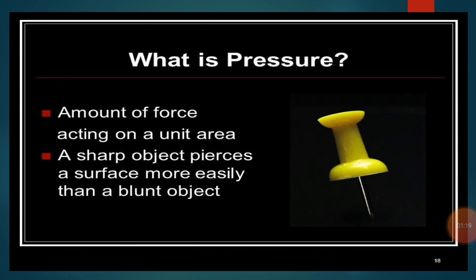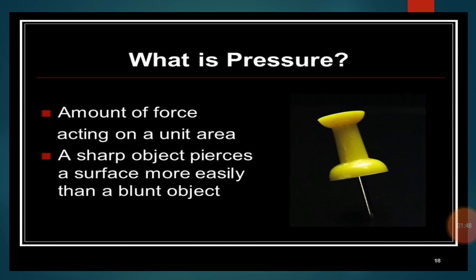In most cases, an object exerts force on another object by making contact with it or by touching it. Now we are going to describe how the effects of the force applied by one object on another object depend on the area of contact between the two objects. This will be clear to you with the help of the following examples.